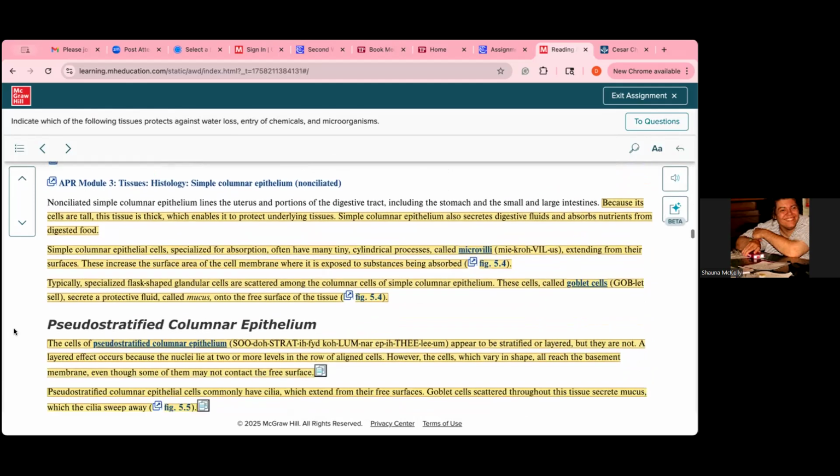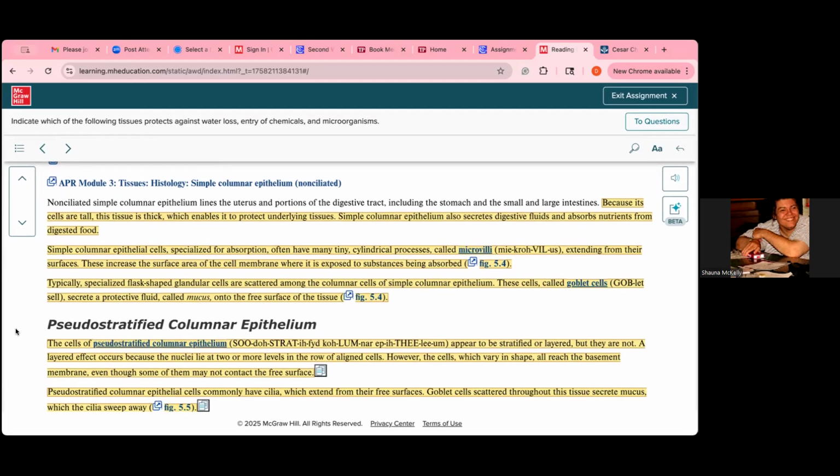Columnar epithelium. This tissue is thick. Okay, wait a second. So let's see. Simple columnar epithelial cells... These cells secrete a protective fluid. Okay, let's go down.